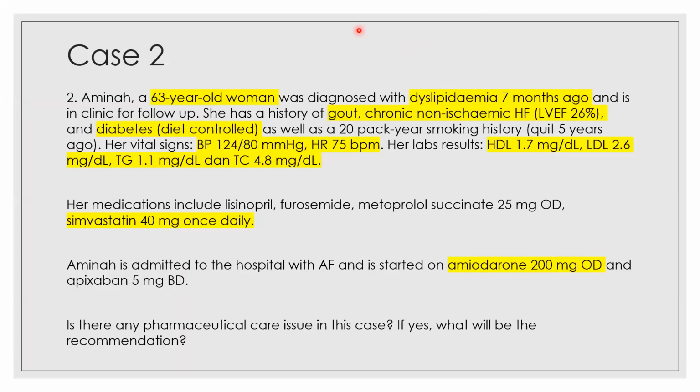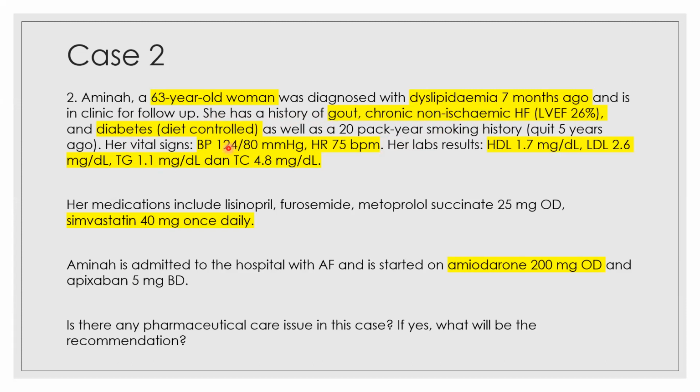Now, we have case 2, Amina, a 63-year-old woman diagnosed with dyslipidemia 7 months ago and in clinic for follow-up. She has a history of gout, chronic non-ischemic heart failure with an EF of 26%, diabetes on diet control, as well as a 20 pack year smoking history, but quit 5 years ago.